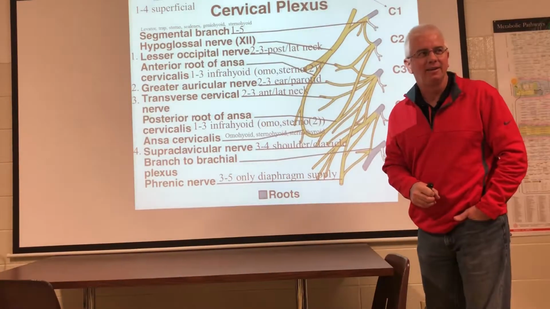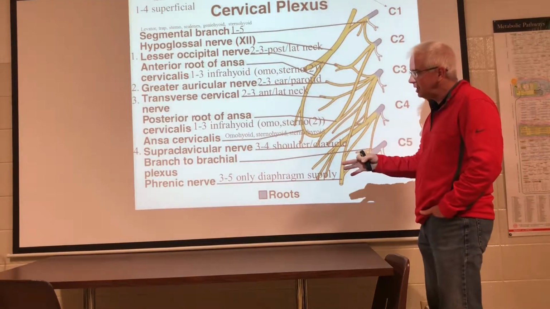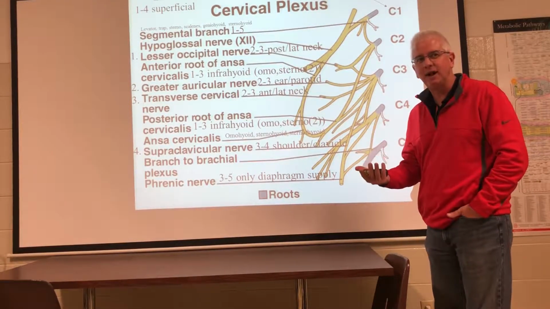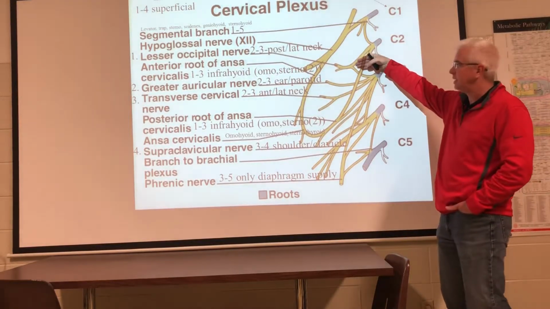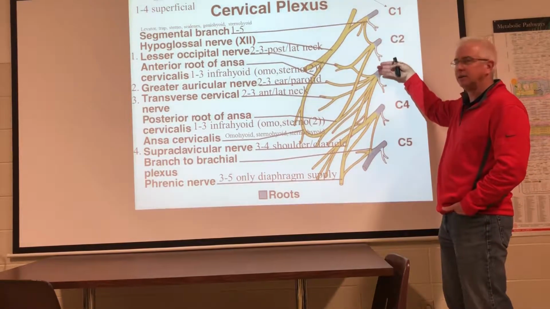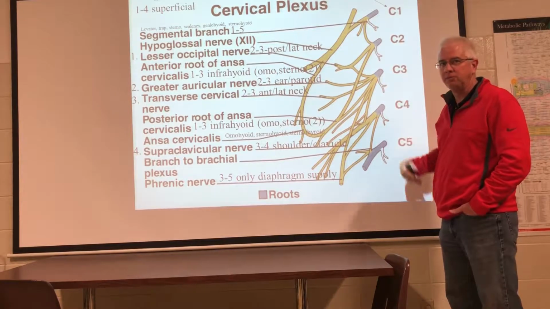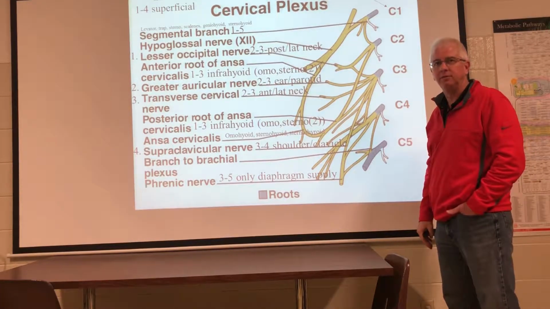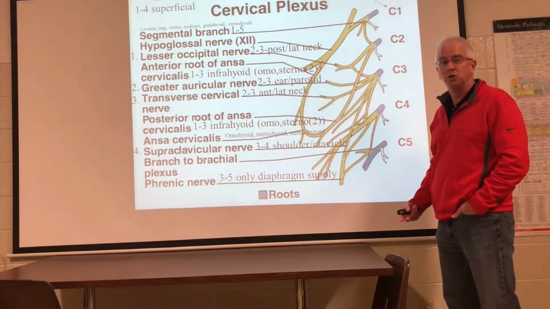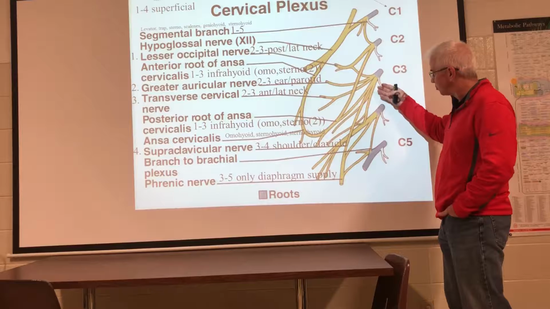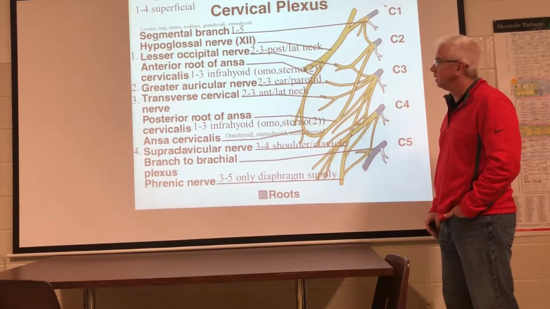C3, C4, and C5. So any injury to the spinal cord that does not allow information to get to C3 will prevent the phrenic nerve from delivering information to the diaphragm. Breathing, the motor output to make you breathe, is here in 3, 4, and 5 of the spinal cord.